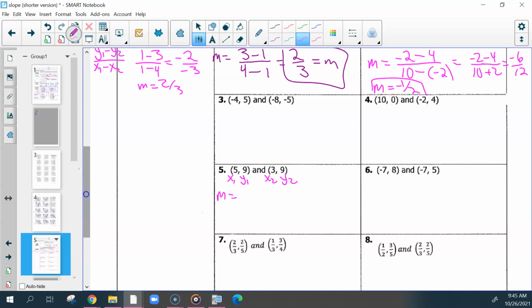So we're going to have 9 minus 9 over 3 minus 5. 9 minus 9 gives us 0. 3 minus 5 gives us negative 2. What would this equal? 0.